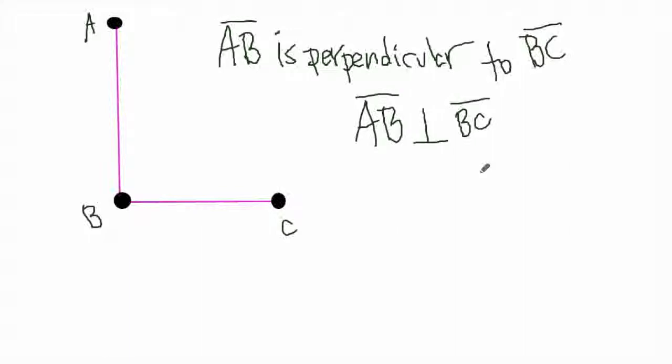Now, can you prove, or is it true? Prove that angle ABC is a right angle.